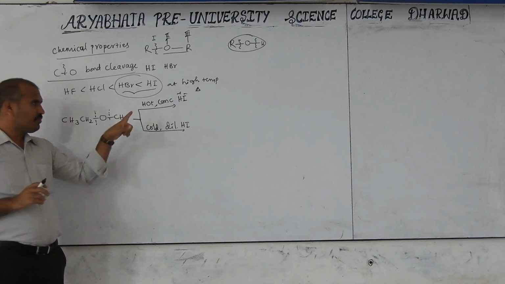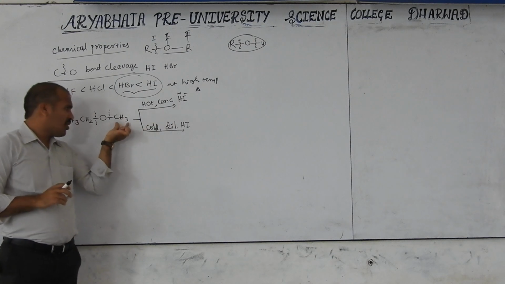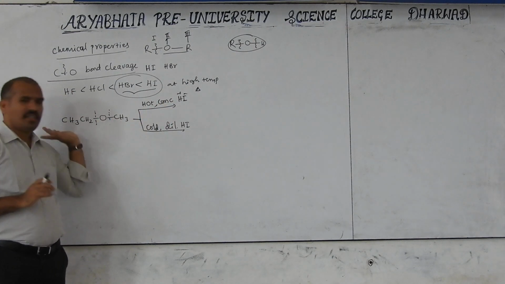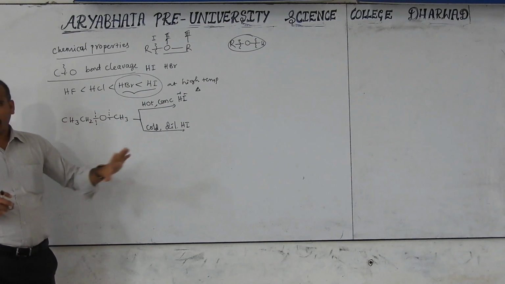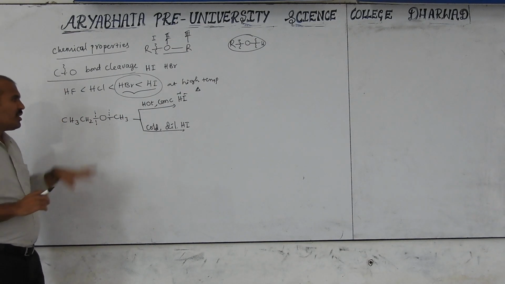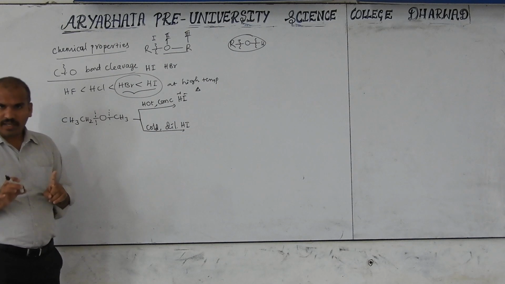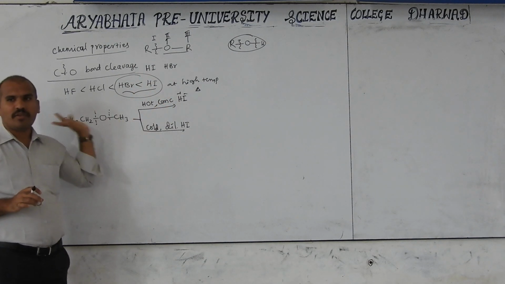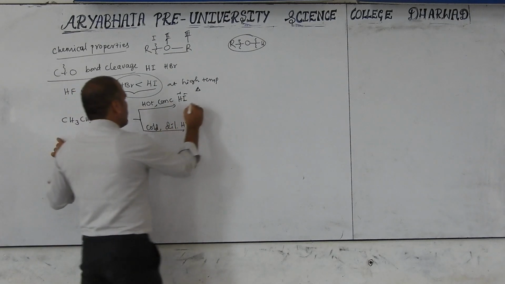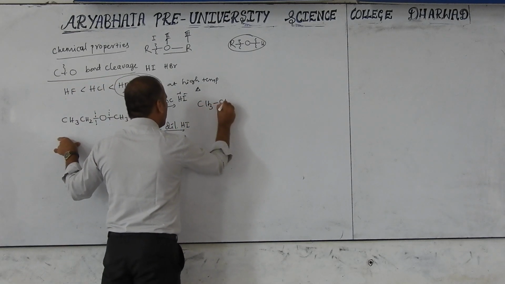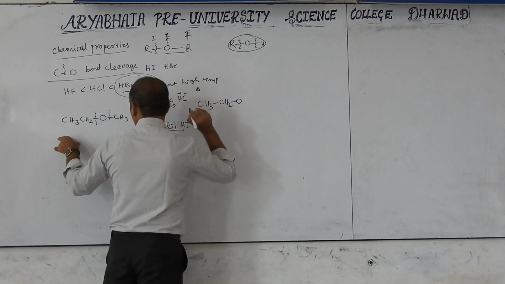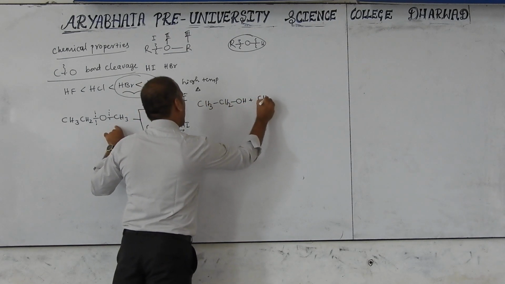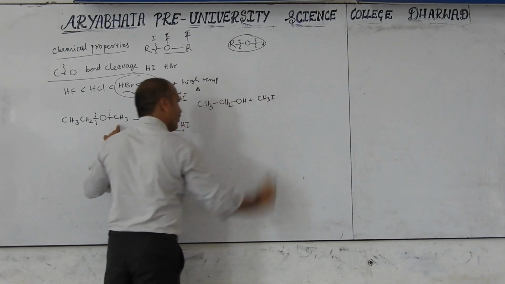According to this, the smaller group will get the I, and the larger group will get the H. Then CH3CH2OH and CH3I.